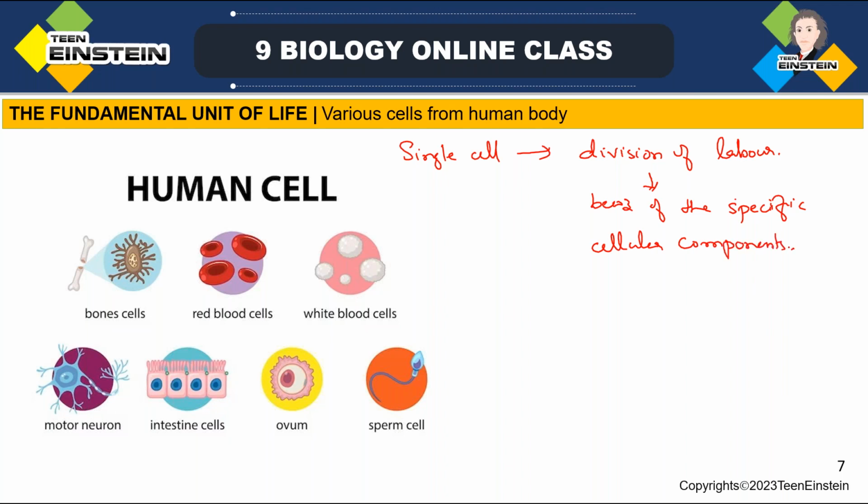So due to specific cellular components, each kind of cell is performing its own specific function. These specific components which are present in the cell are called cell organelles.